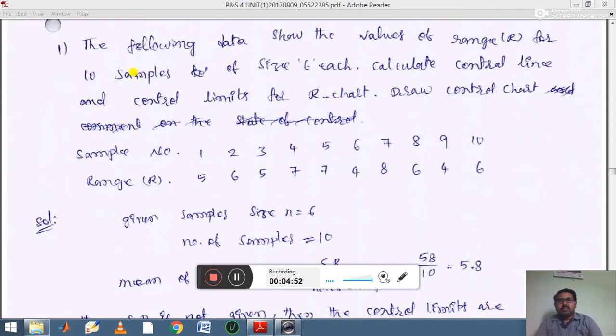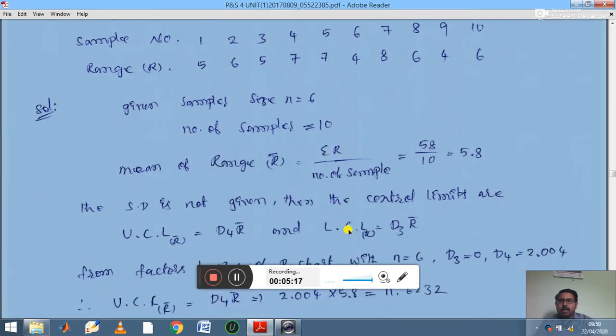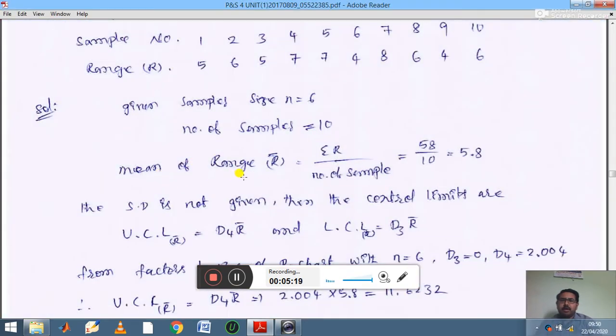What is the given data? The range of 10 samples is given, the size is 6, therefore n is 6, and the sample numbers are from 1 to 10 with the corresponding range as the given data. Let us write: given sample size n equals 6, number of samples 10. Then let us calculate the mean of range.